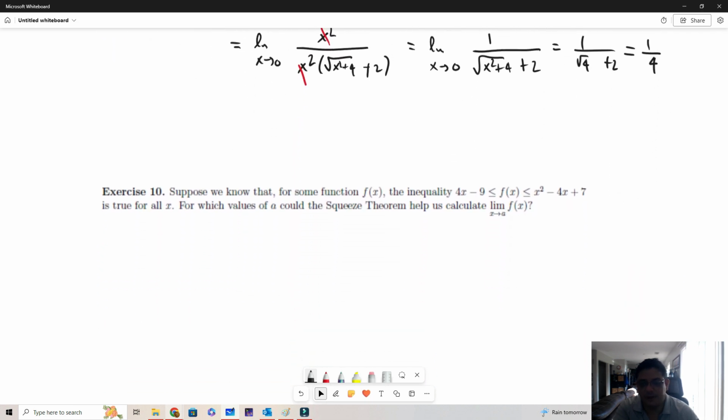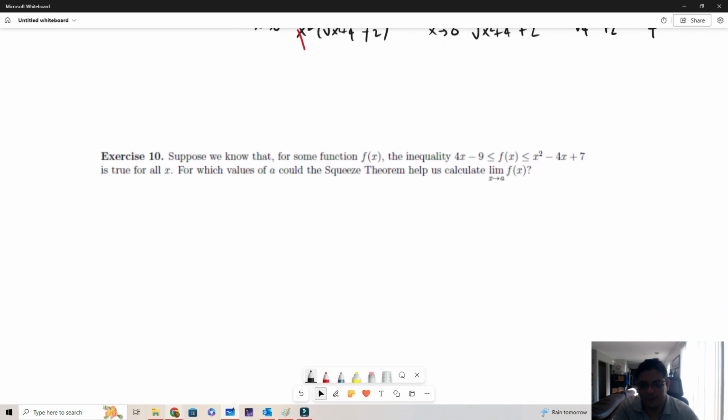Now the last part of this worksheet was, if I know that I have a function that is between two different things, for what values of a is the squeeze theorem going to help me calculate this? And what happens is that I want to check where these values are going to be equal.